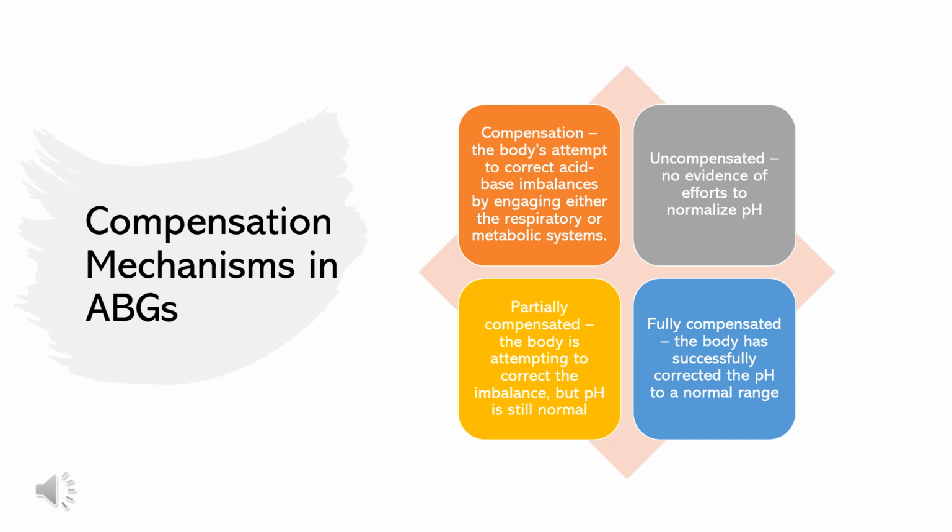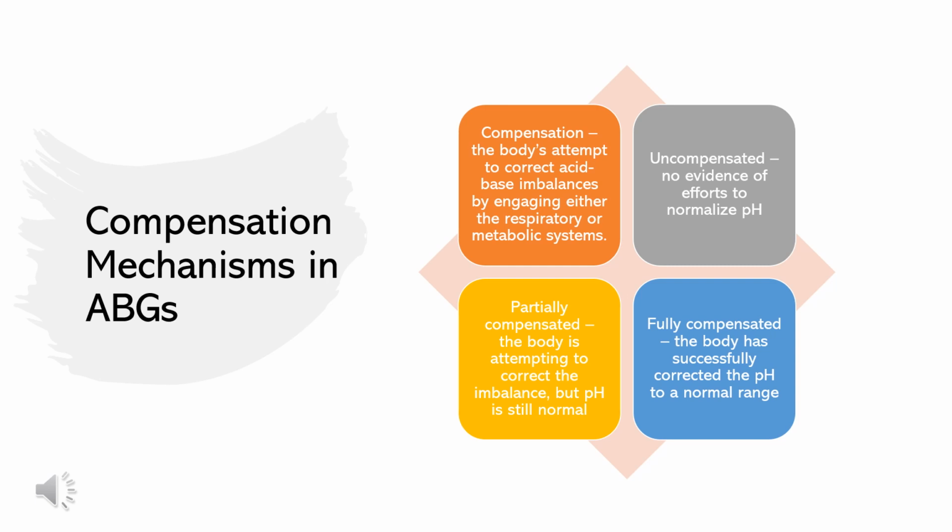If it's partially compensated, the body is attempting to correct the imbalance, but the pH is still abnormal. All three parameters, pH, PaCO2, and bicarbonate, will be abnormal. For example, in metabolic alkalosis with partial respiratory compensation, you'll see elevated pH, elevated bicarb, and also elevated PaCO2.